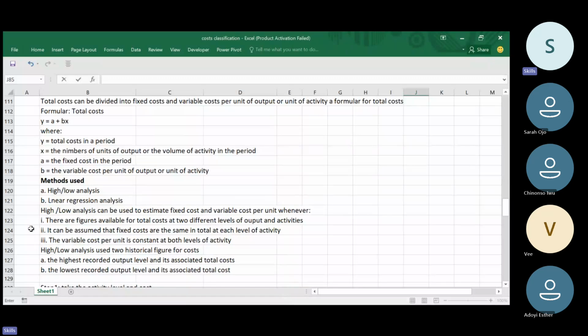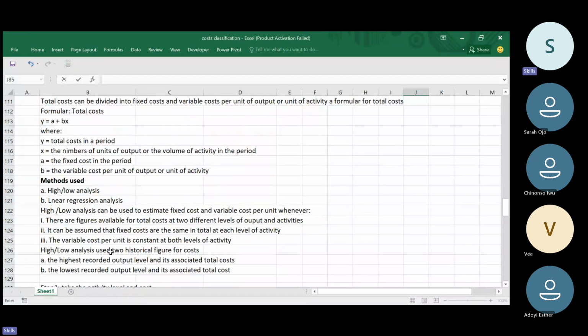Secondly, it can be assumed that fixed costs are the same in total at each level of activity. Third, the variable cost per unit is constant at both levels of activity. If you have this, then you can use the high and low method to carry out the cost segregation.